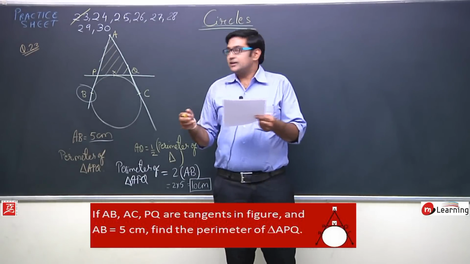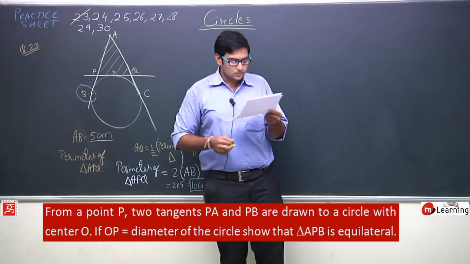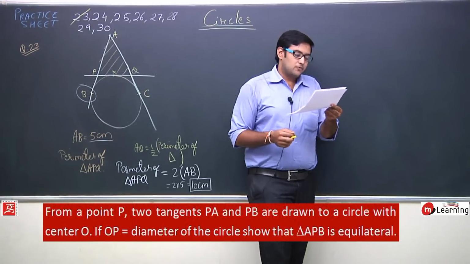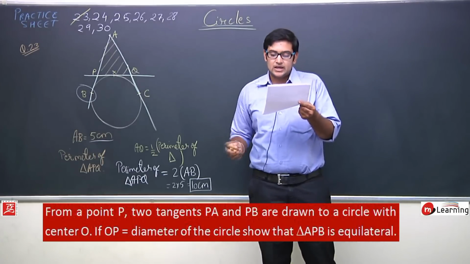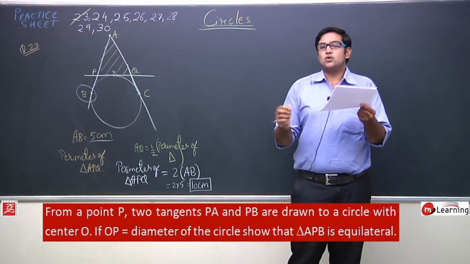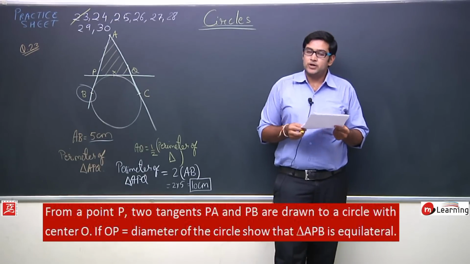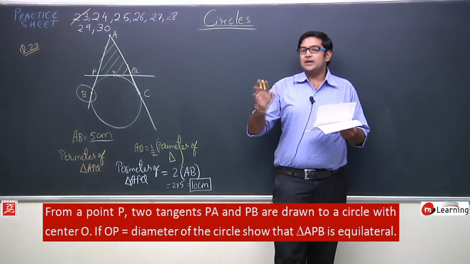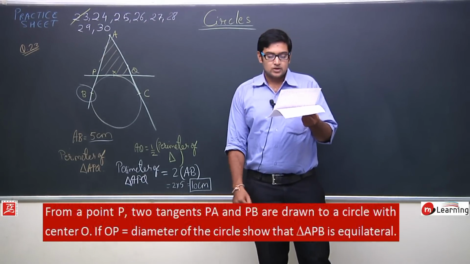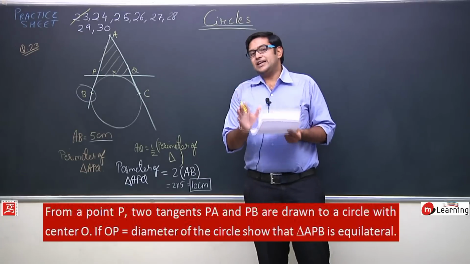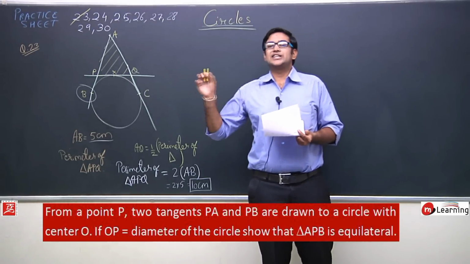So after 23 let us discuss question number 24. Question number 24 says from a point P two tangents PA and PB are drawn to a circle with center O. So there is a circle and the center of the circle is point O, and it is given that PA and PB are two tangents drawn from a point P. From this line we can very easily understand that point P lies outside the circle.